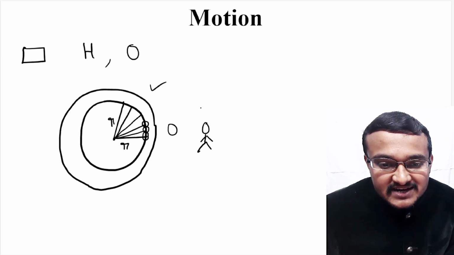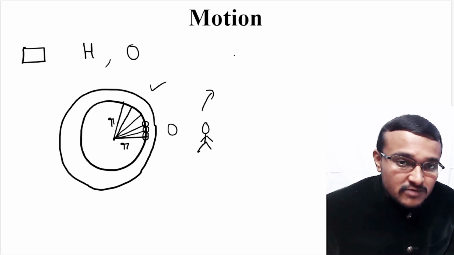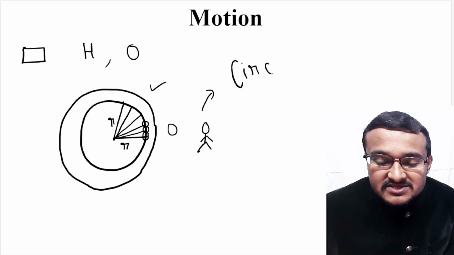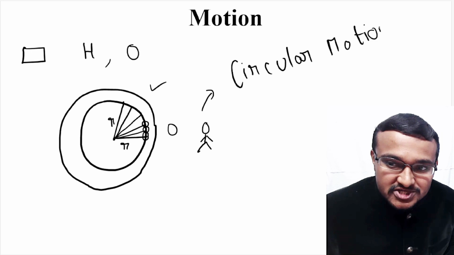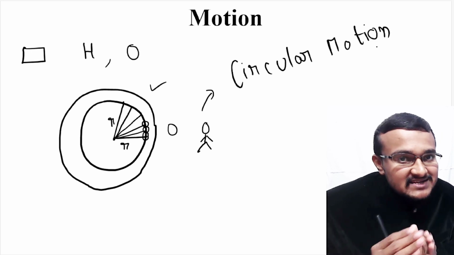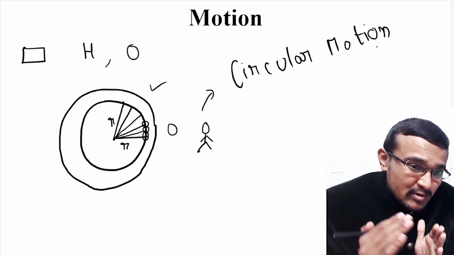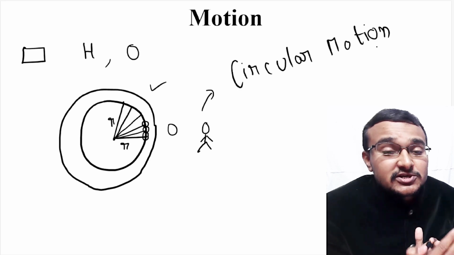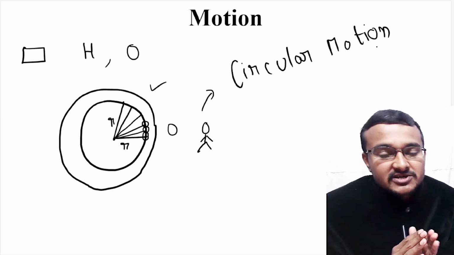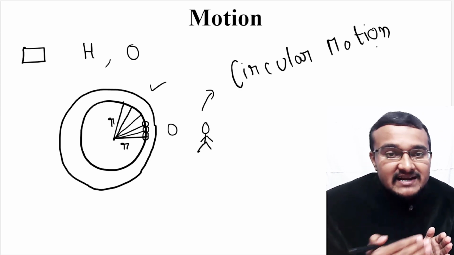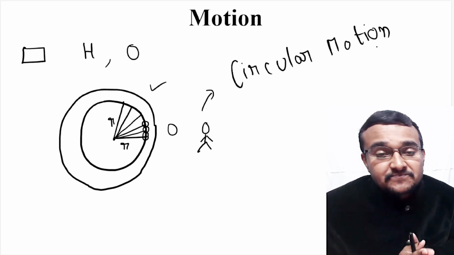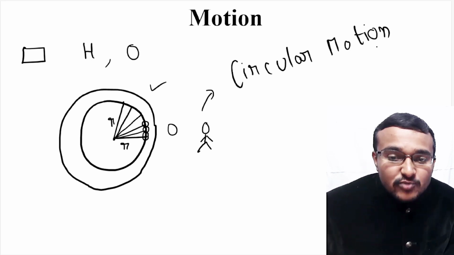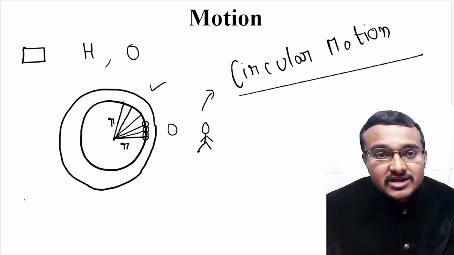This kind of motion of an athlete or an object is known as circular motion, because if they are running on this track they are already in motion, but they are constantly changing their direction, and the same amount of change in direction at every point on the circular path in order to maintain the radius r with respect to the center of the circular track. That's why this kind of motion is known as circular motion.